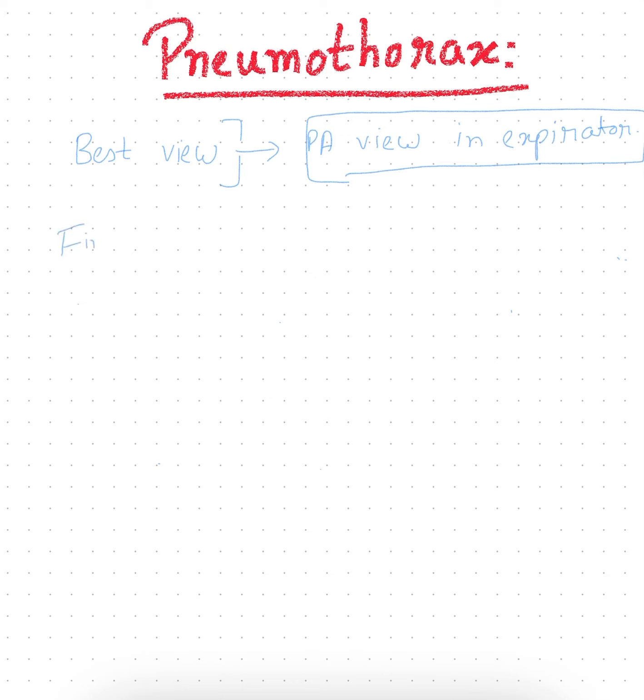The findings of pneumothorax on X-ray will be as follows. On X-ray, the vascular markings will not appear on the lateral part of the film. The second important finding will be a clear demarcation of the visceral pleural margin.